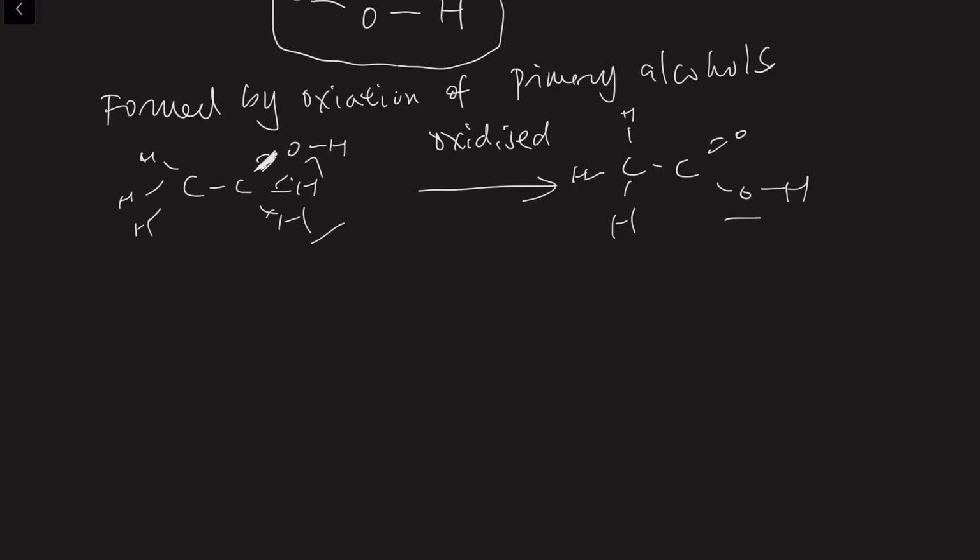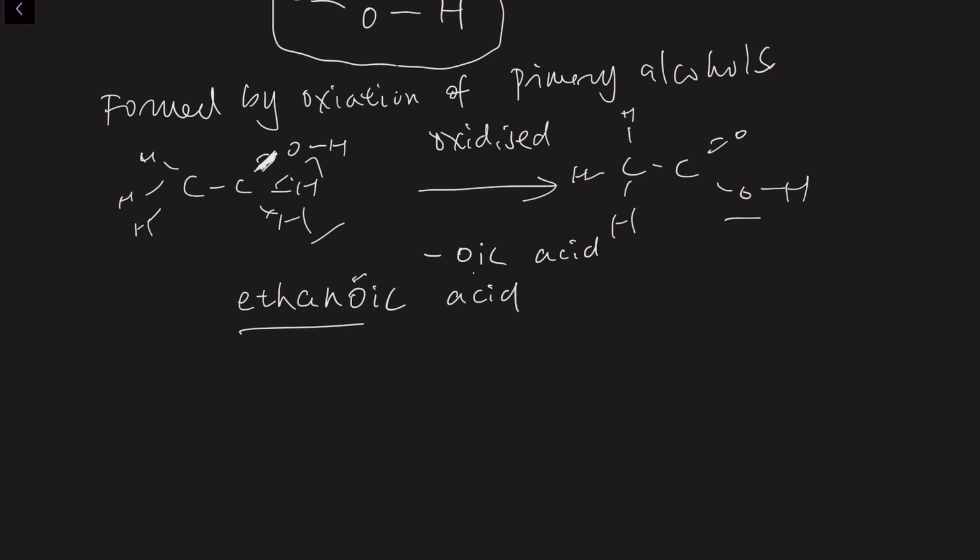So how do you name this chemical molecule? You first have two carbon atoms with only carbon to carbon single bonds. So you start with ethane. And as with everything, you drop the E and change it to OIC acid. So you add this two here, and it becomes ethanoic acid.